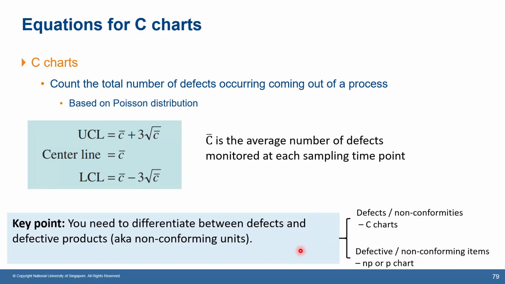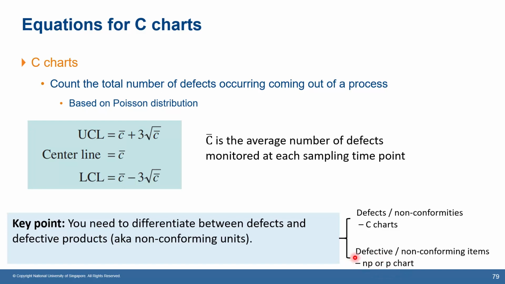The reason why we need to talk about this is that whenever you are counting defects or counting the number of non-conformities, you're using the C chart. Whenever you're monitoring the number of defective or non-conforming items, then you are using the NP or P chart. So the key thing is, as long as you are looking at the item level, then it's the NP or P chart that we have covered.